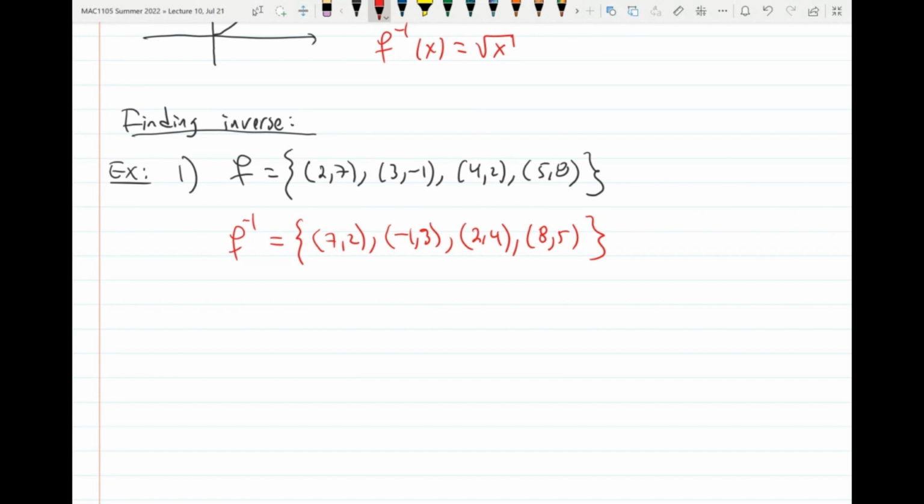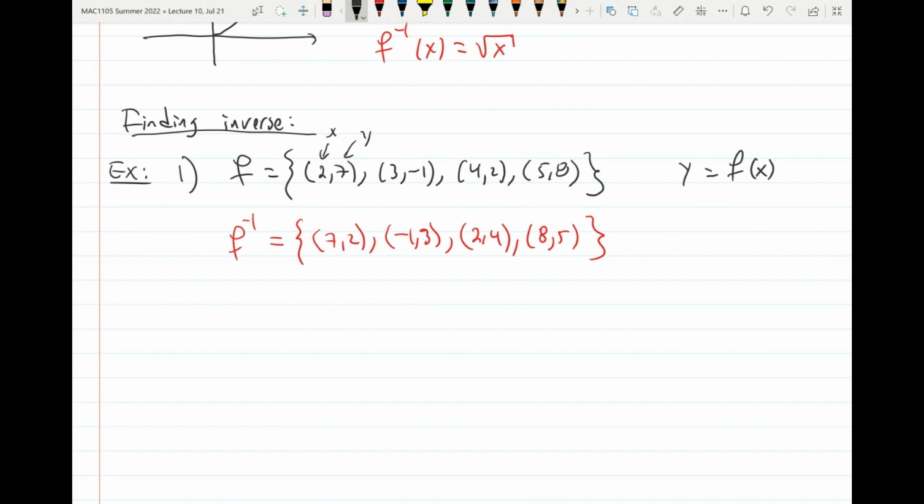For example, what does 2 represent? If we think about the notation y equals f of x, does the number 2 represent x or y? It represents x. And what does 7 represent? The y. So if you want to find the inverse, you switch x and y.